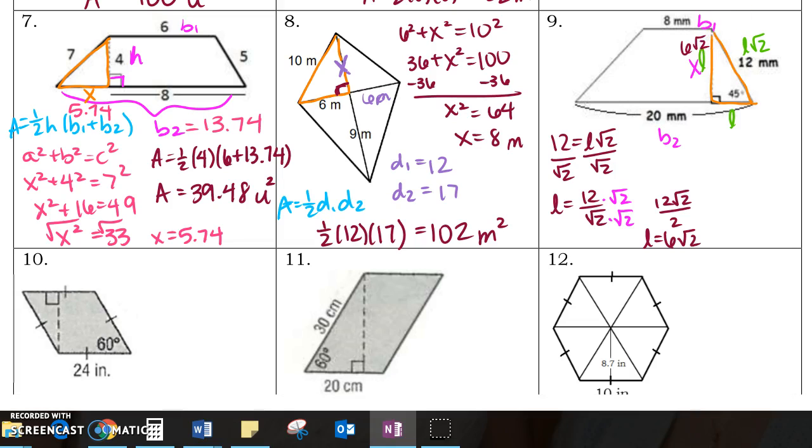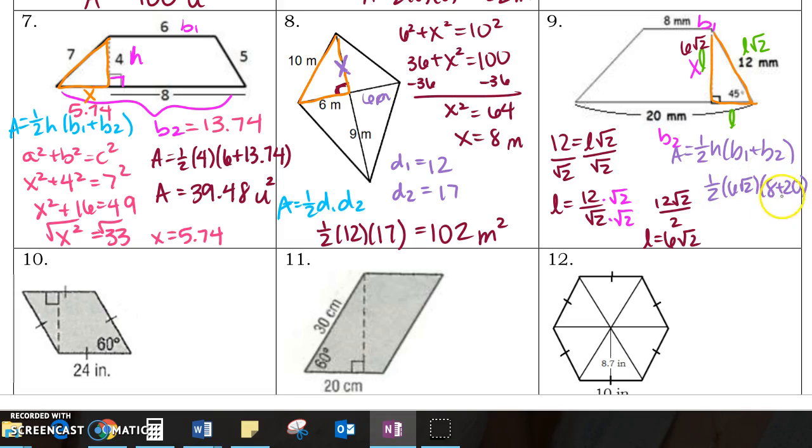which is our height. So we can use our equation 1/2 times height times base 1 plus base 2 for a trapezoid. When we substitute everything in, we'll have 1/2 times 6 root 2 times 8 plus 20. To keep it exact, we're going to put everything but the square root in our calculator.